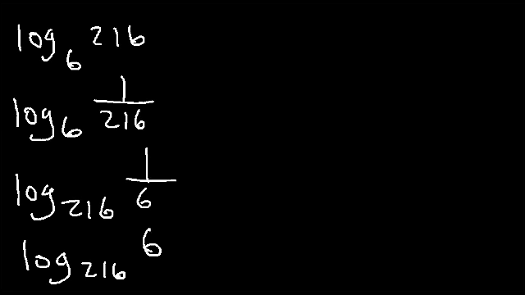So how many 6's do you need to multiply to get to 216? It turns out that 6 to the 3rd power is equal to 216. So therefore, this is equal to 3. So every other answer is going to have a 3 in it. It could be negative, it could be positive, it could be a fraction.